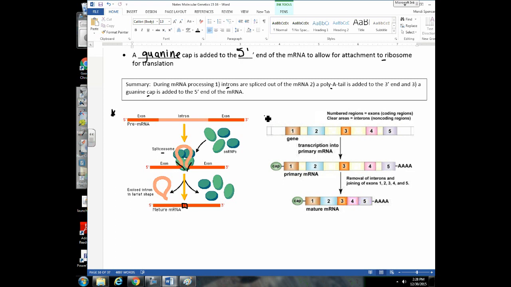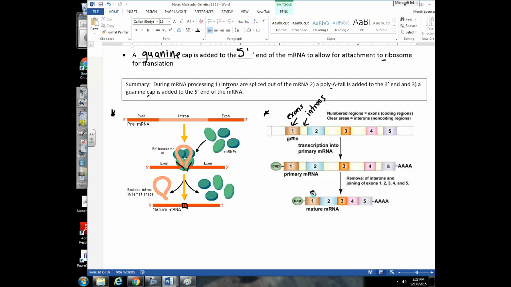Here's a different diagram over here. So whenever you see a gene and you can see that there's different parts of it color-coded or highlighted, then it's probably trying to show you that these are different from these. These are the exons. These are those non-coding introns, which do not code for amino acids in the protein. And you can see that they are being spliced out.